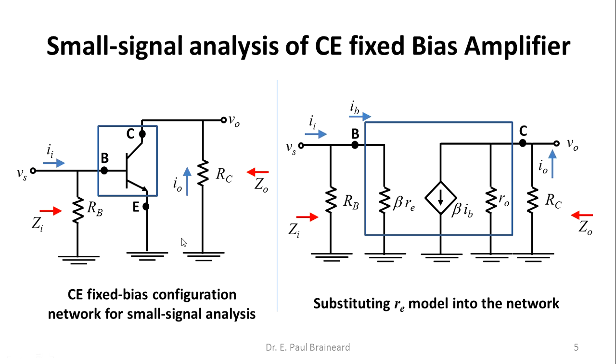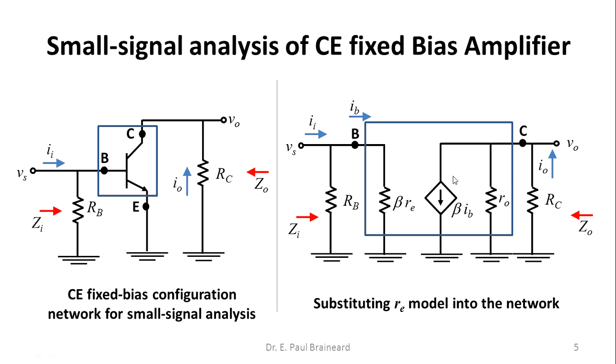Now, the bipolar junction transistor is represented by the equivalent re model in the network, which we have seen earlier in the previous classes, where the input side of the bipolar junction transistor is represented by a resistor whose magnitude is beta re, and the output is represented by a current source.